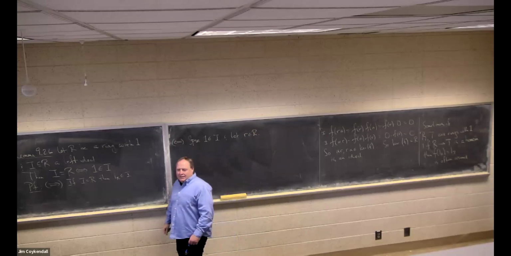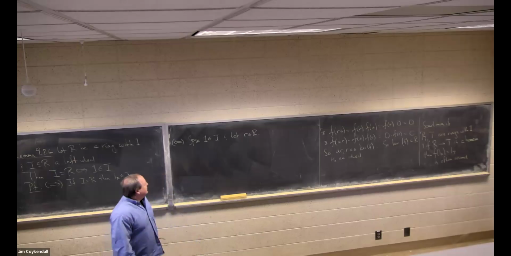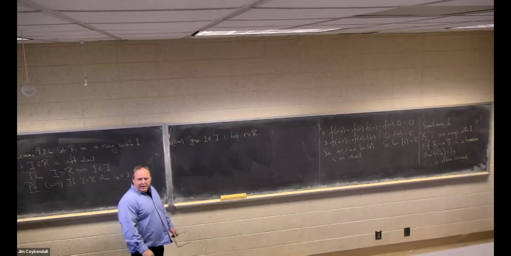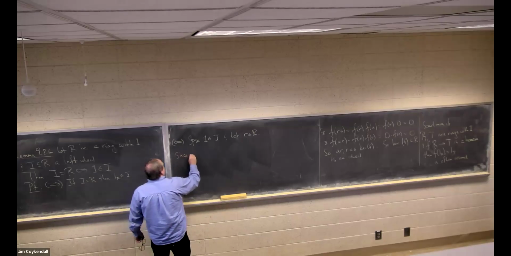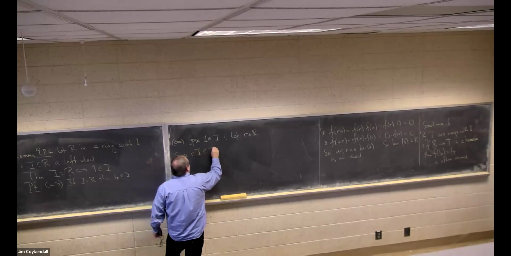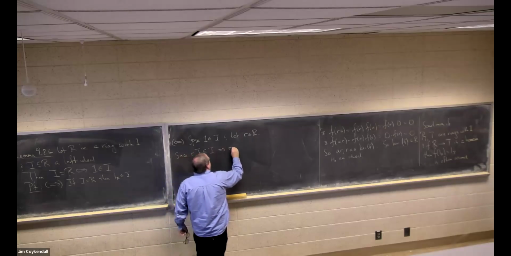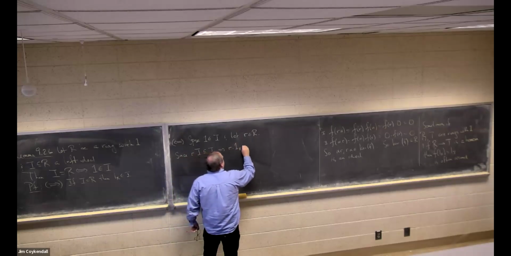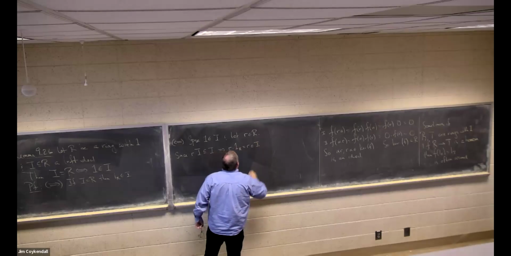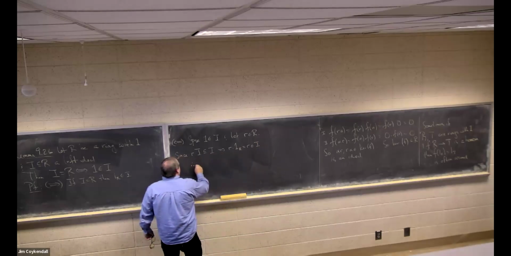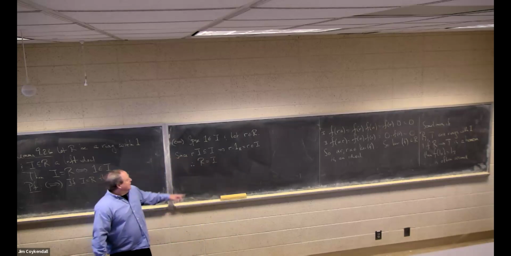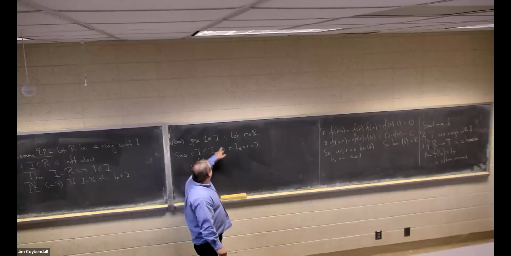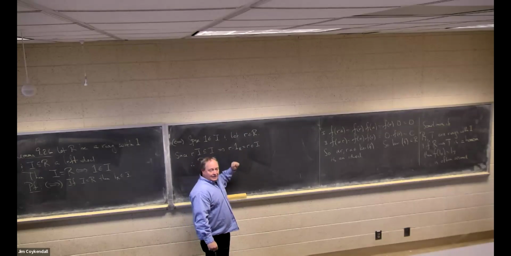Suppose that 1 is an element of I, and let r be just any garden variety element of R that you want. Because I is an ideal, it sucks this r into I, right?